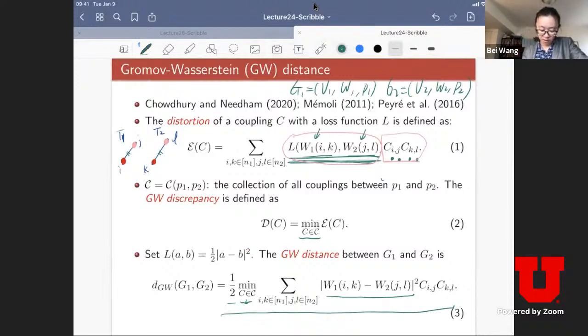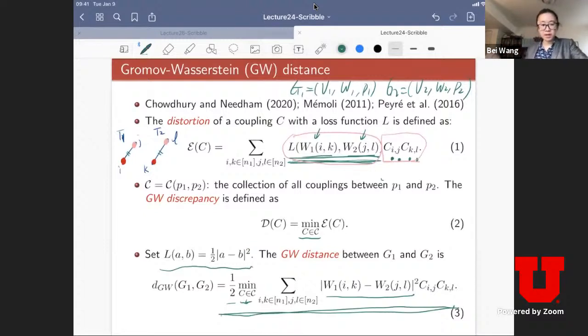If I substitute this new loss function into equation 1, you take the weight differences between the two squared, and that becomes how much loss you get. So if you imagine I match two edges, one edge from the first tree to an edge from the second tree, if the endpoints match each other and their weight difference is very small, that is a good matching for this pair of edges.